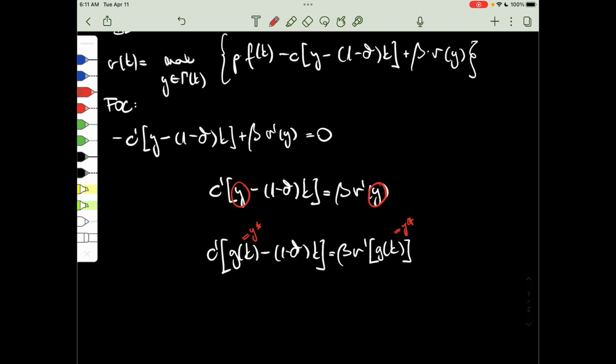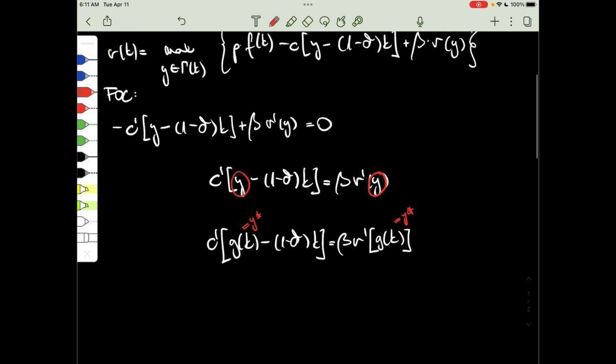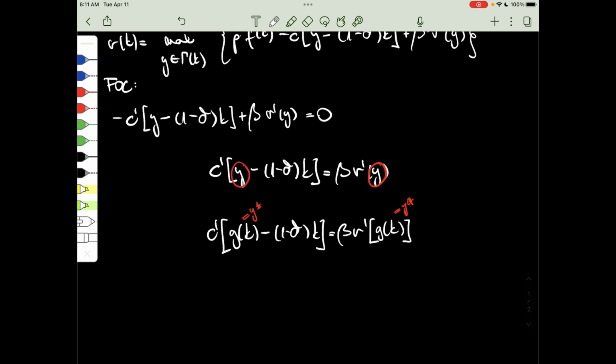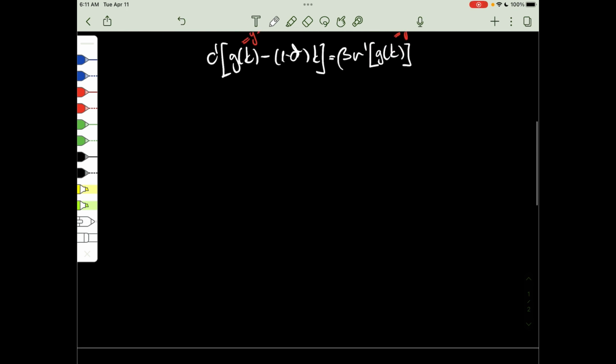We are interested in two things especially: whether it is increasing or decreasing in k, in the state, and the slope of the policy function. So we have a figure.